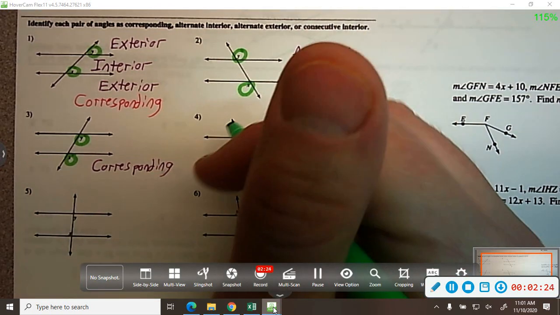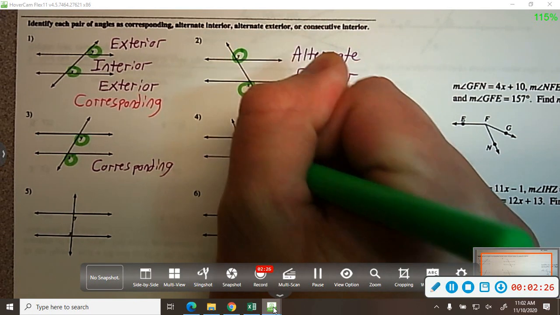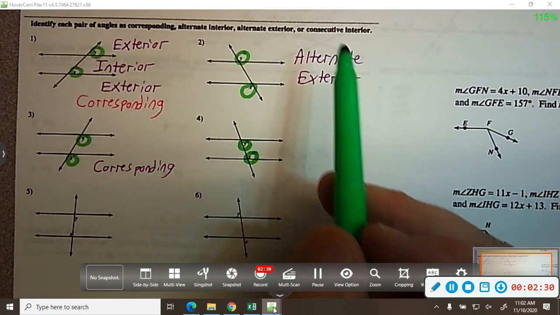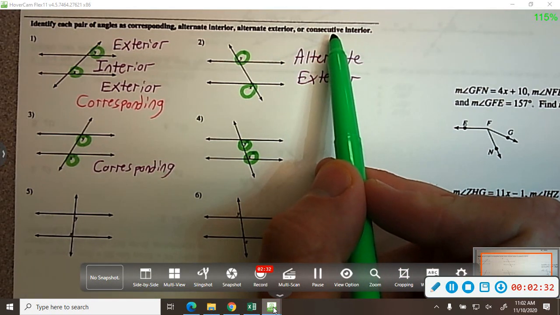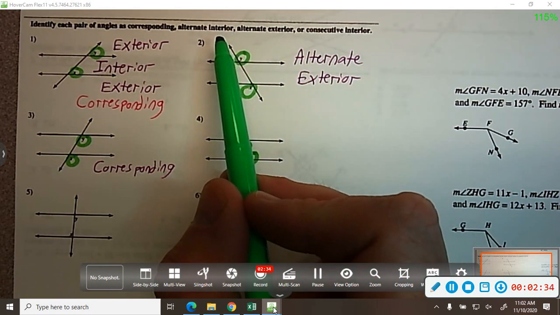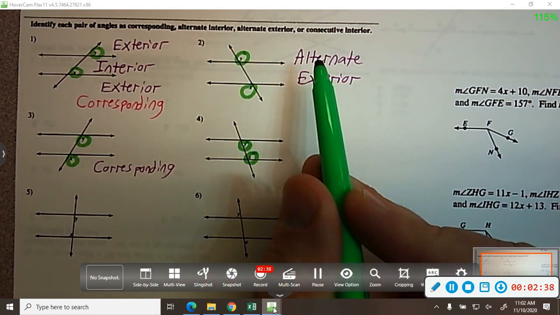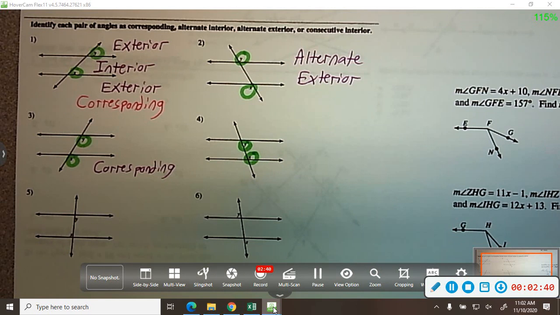Here, we have Y interior, X interior. They're both inside. So it's either going to be consecutive interior or alternate interior. Since they're both on the same side, we call those consecutive interior.